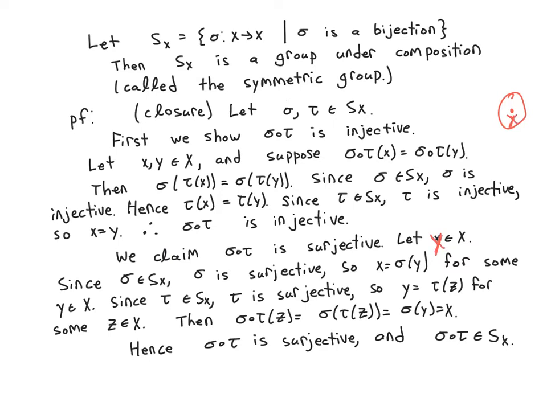So we got some element in the codomain, and we want to be able to find something that maps to it. The idea that we're going to use is that under sigma, we can find an element that maps to it because sigma is surjective, because sigma is a bijection.